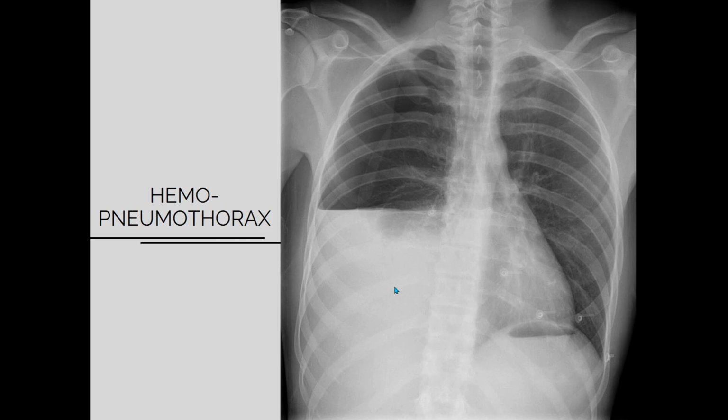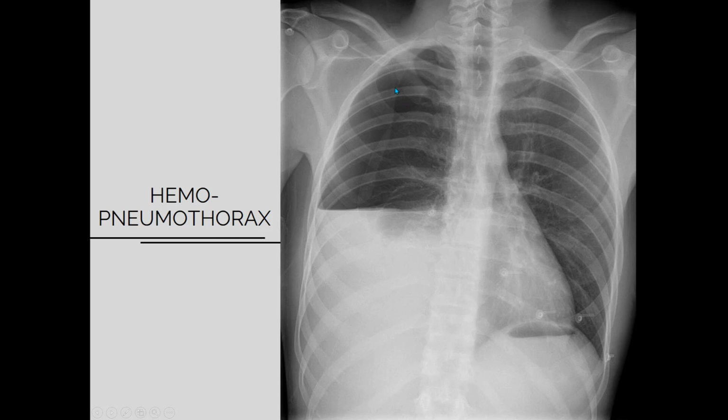Then in this picture, what do you notice? You can see here that there is an air fluid level, and you can also notice the gastric bubble. So in this case you can say that this is an erect or semi-erect picture, but this is AP. Why AP?